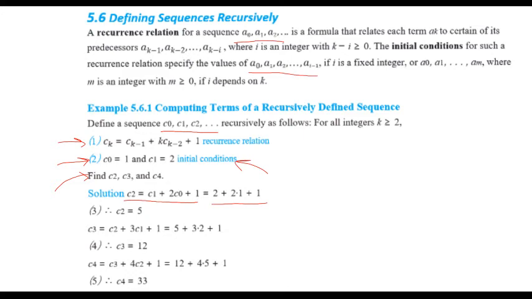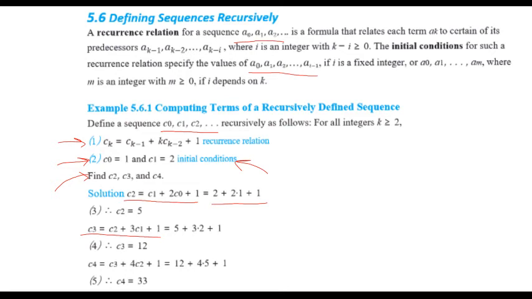And since you have C sub 2, then you can calculate C sub 3 using the recursive relation. So C sub 3 is C sub 2 plus 3 C sub 1 plus 1, which is 5 plus 3 times 2 plus 1, because we replace C sub 2 with 5. And as a result, C sub 3 becomes 12.